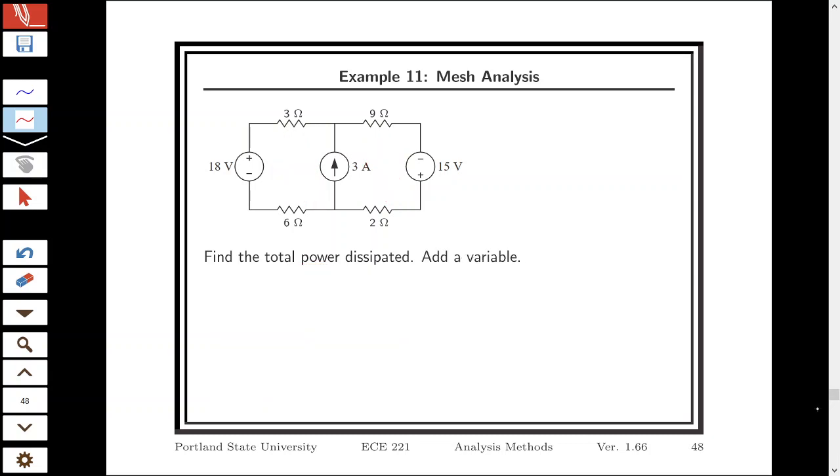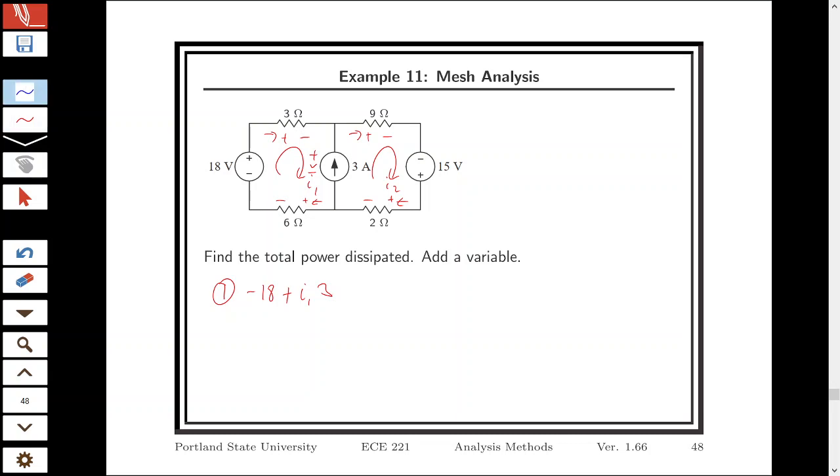Okay, let's apply mesh analysis here. So the first mesh, KVL: minus 18 plus I1 times 3.